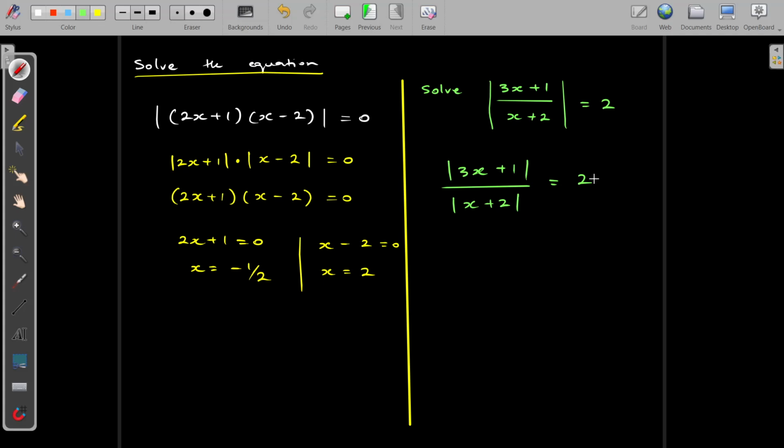Then we can say that we can drop the modulus and keep our brackets. But remember, whenever we drop the modulus, we'll have to use the negative of that as well.